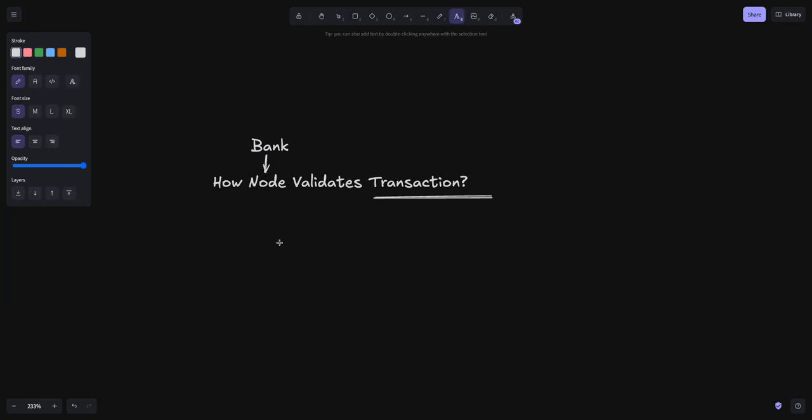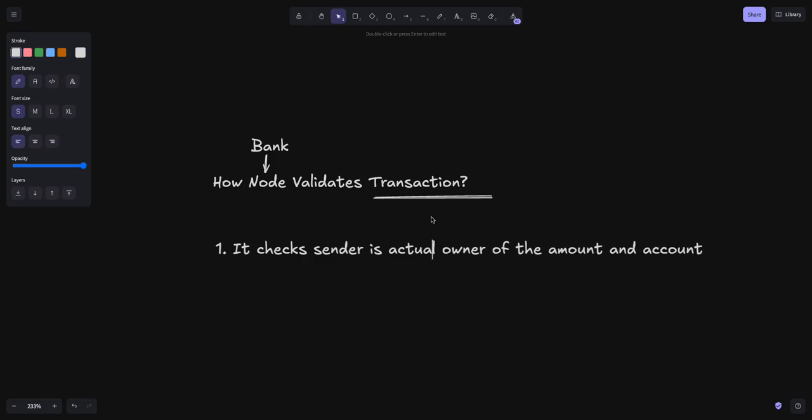As I just said, it checks that the sender is the actual owner of the amount and account. Whoever is saying that this is my account, this is the amount I have, and this is the amount I want to send, we check that this is the actual owner of the amount and the account.